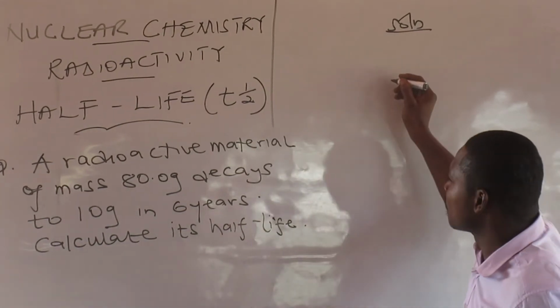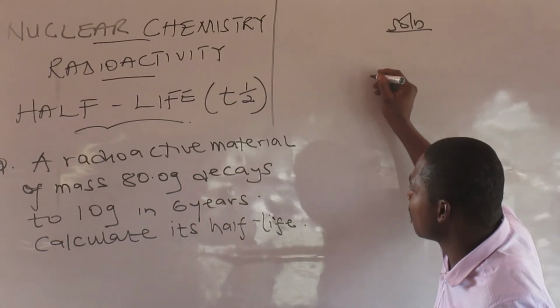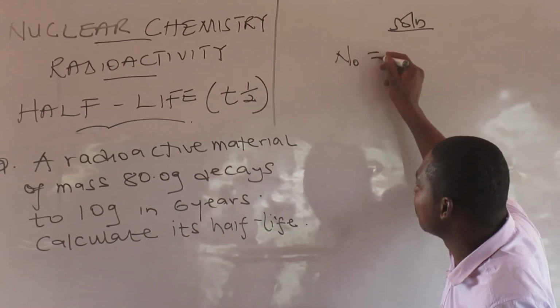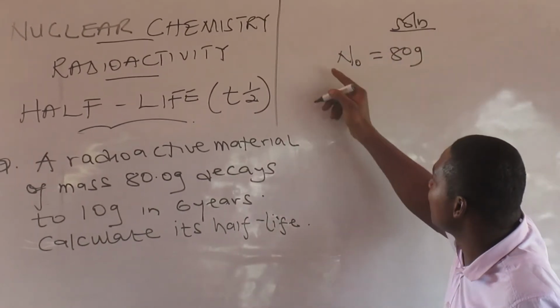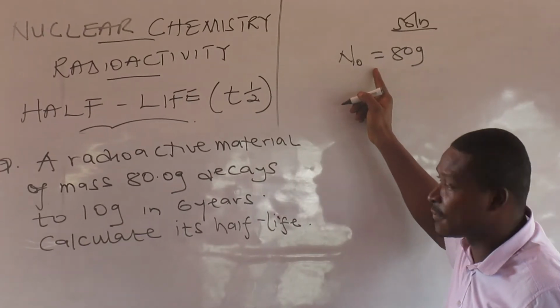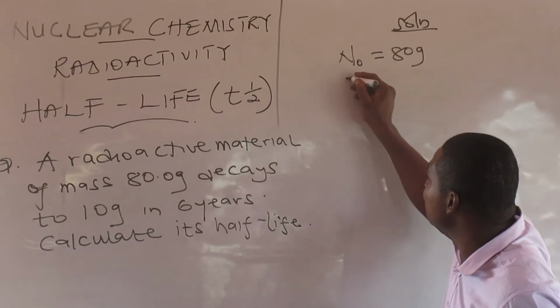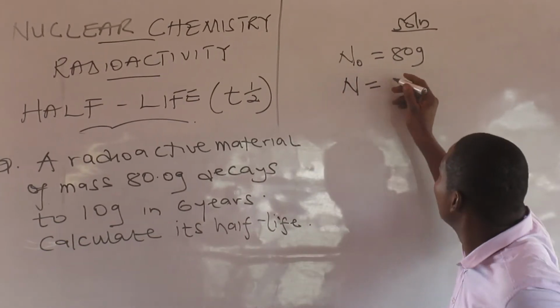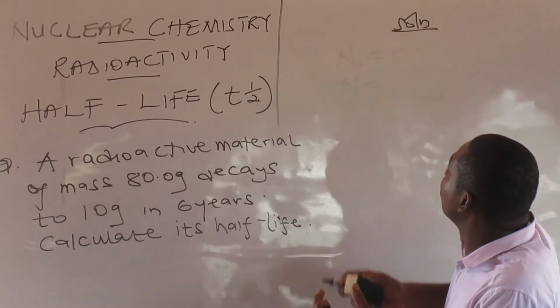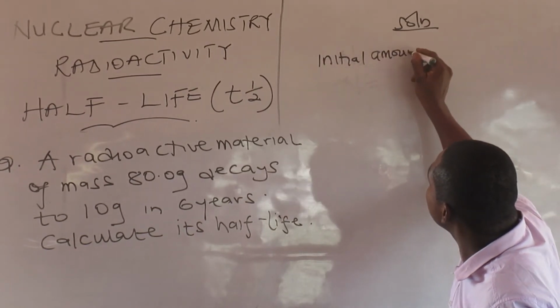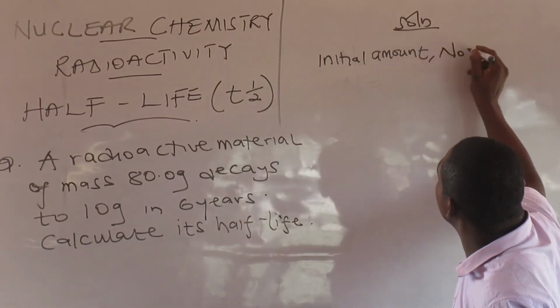Now let's go. From here, the mass is 80. So that is my initial amount, 80. Decays to 10. That should be the final amount. Let me quantify them well. So initial amount, that is n naught.